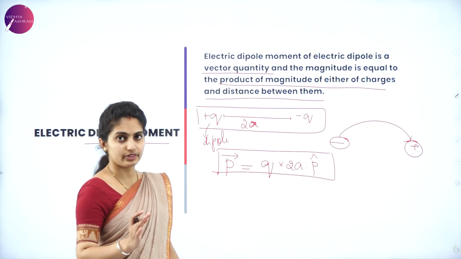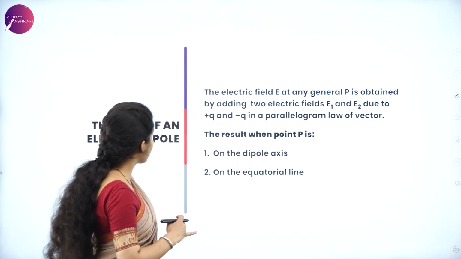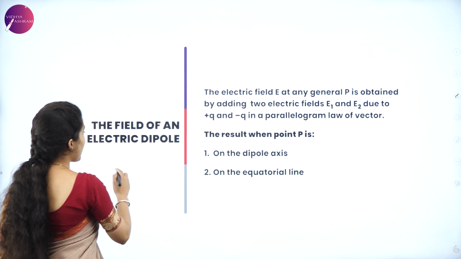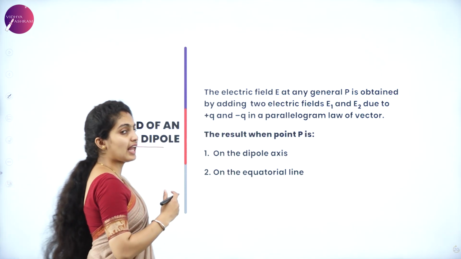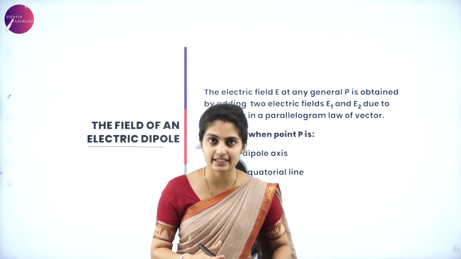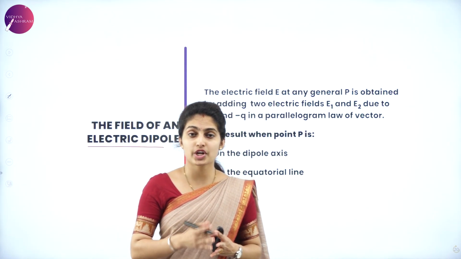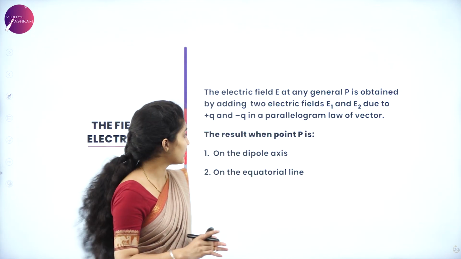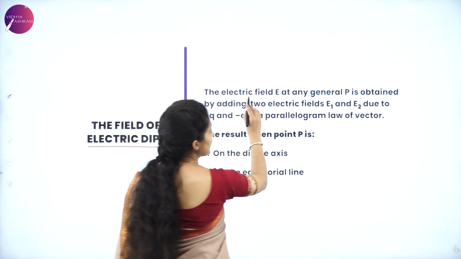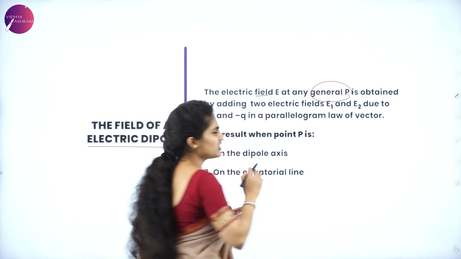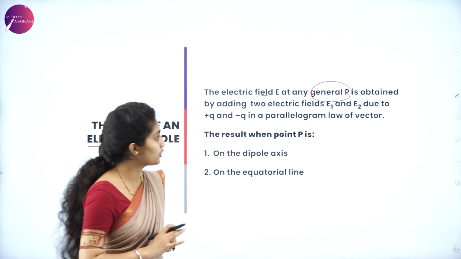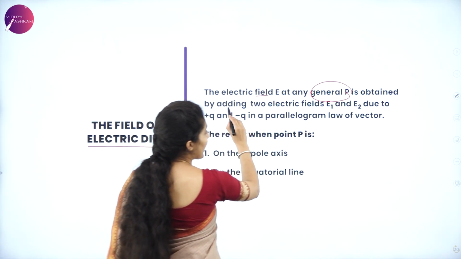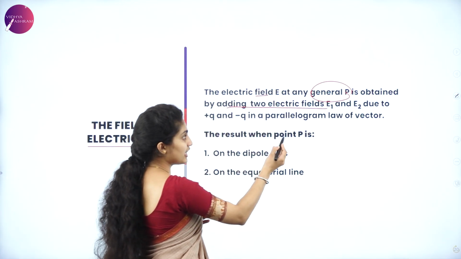So I hope you're clear with these things. Now, having these, we will have to check the field of an electric dipole. In order to check its field, the electric field E at a general point which we consider as point P is obtained by adding two electric fields, that is E1 and E2.